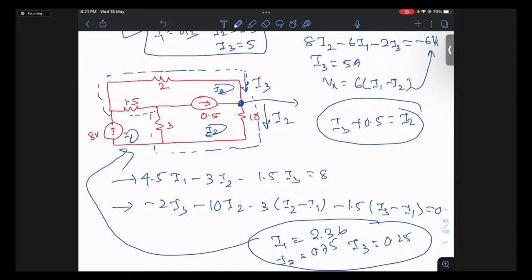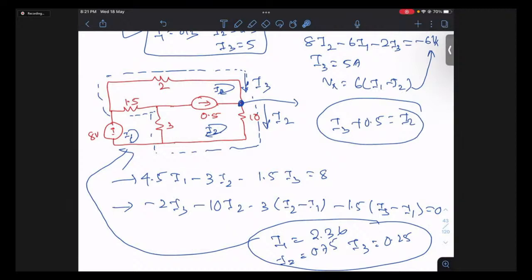In fact, there is also an alternative. Even if you don't want to write the super mesh equation, ultimately you have to write the 3 equations to get 3 unknowns, right? If you say, sir, I don't want to write the equation of this super mesh, I'll suggest, okay, you don't have any problem with this mesh, so you have written this. I think you don't have a problem with this also. This is also simple. Some of you might have a problem with the super mesh equation.